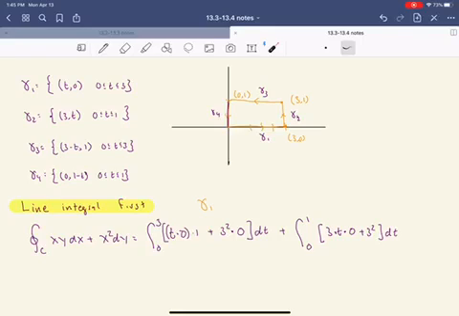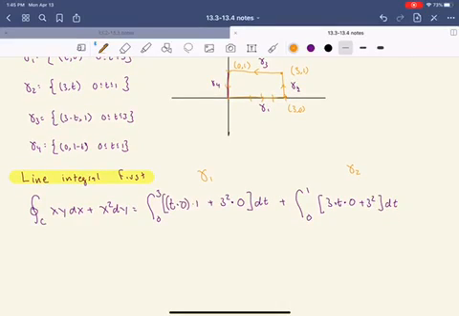Next, we're going to do gamma 3. So this was the gamma 2 integral. Plus the integral for gamma 3, which is going to be from 0 to 3 again.